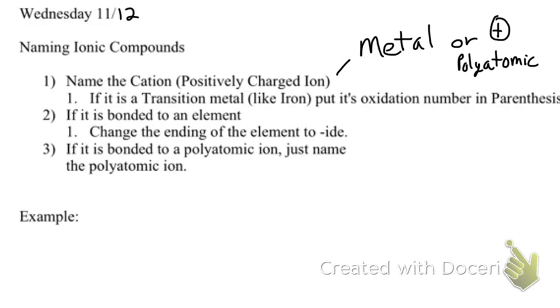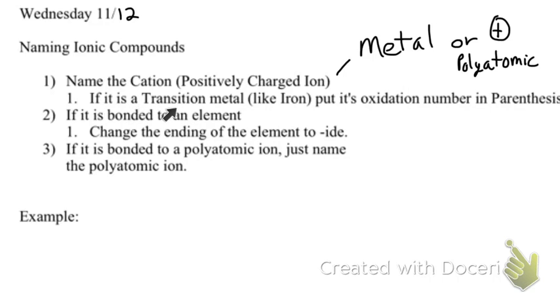Alright, so if it's a polyatomic, you just name it. So you just name the cation. If it's a metal in group 1 or 2, you'll just name it. Lithium, beryllium, magnesium, barium. Those are all group 1 and 2 metals, so you'll just name those.